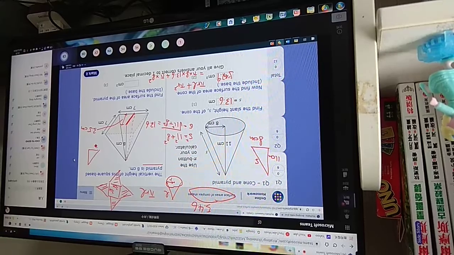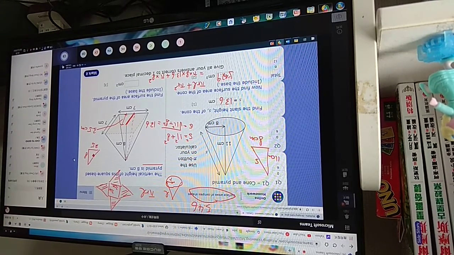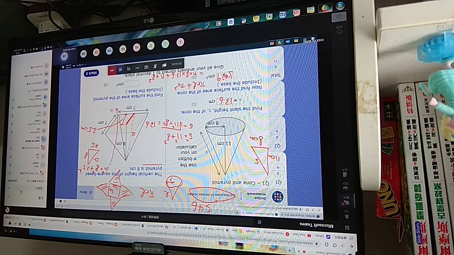And then if here is 3.5 and here is 8, then I assume here is a. a squared will be equal to 8 squared plus 3.5 squared. So a will be equal to 8.73 cm.